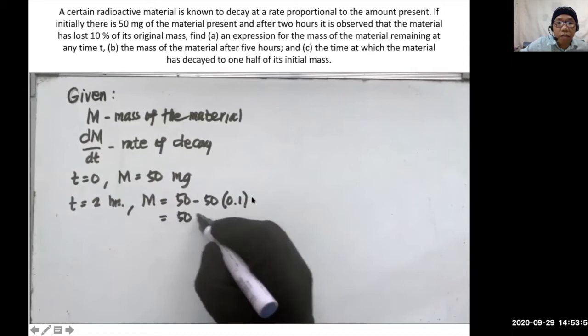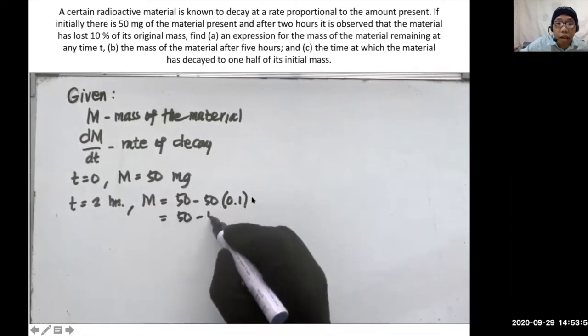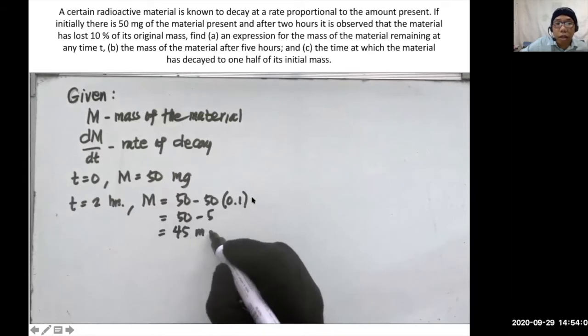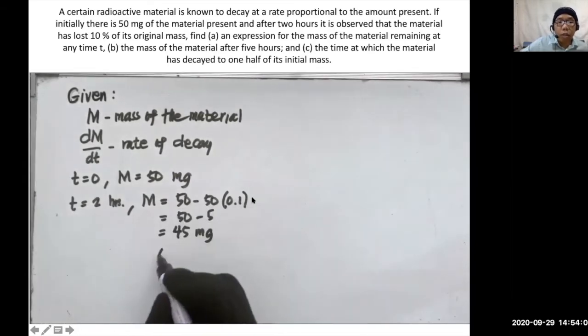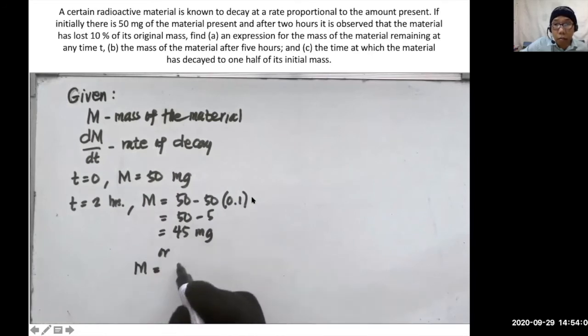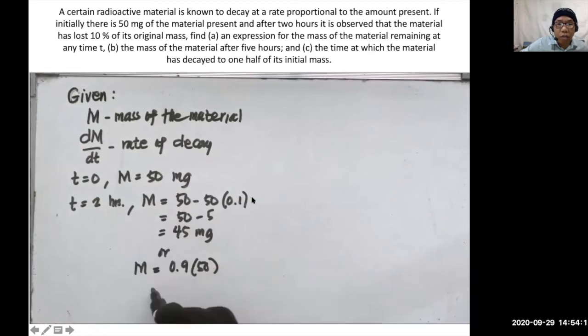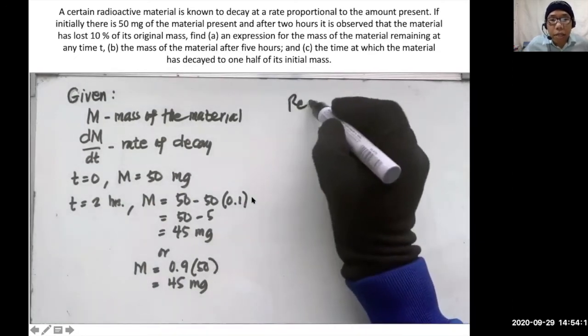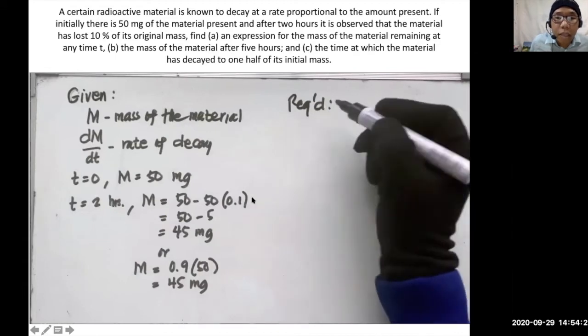So we have 50 minus 5, so we have 45 milligrams of the material after 2 hours. Or you can simply say the mass of the material is 0.9 of the original mass, which is 50 milligrams, and that is equivalent also to 45 milligrams. So it's either of the two, for as long as it means the same.